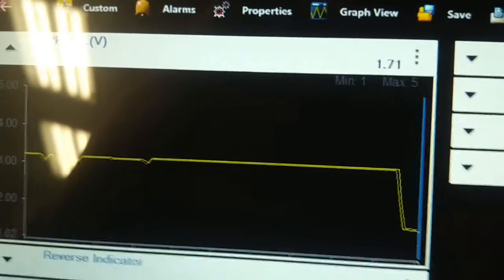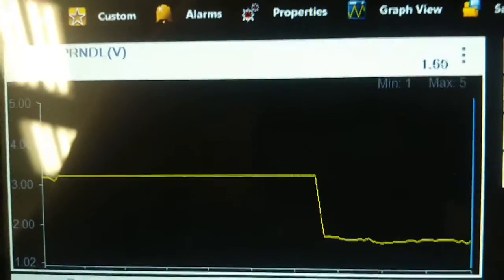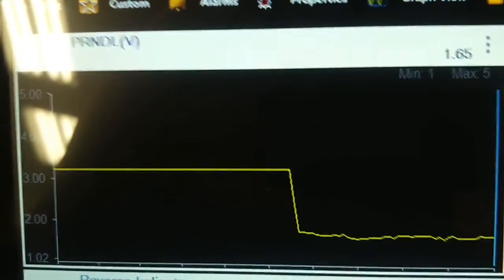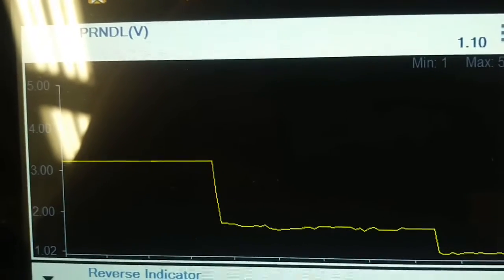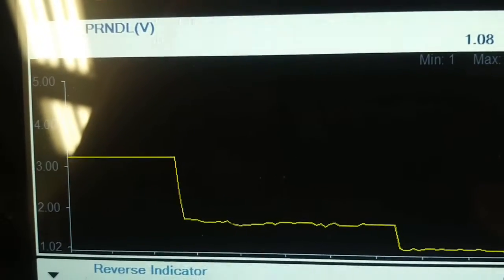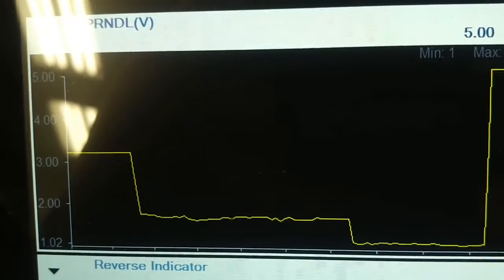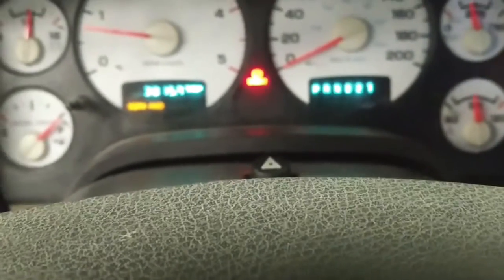Here's drive, drops down to 1.65. And second drops down to 1.1, and first it goes right to 5 volts, and there's no indication of first gear on the cluster either.